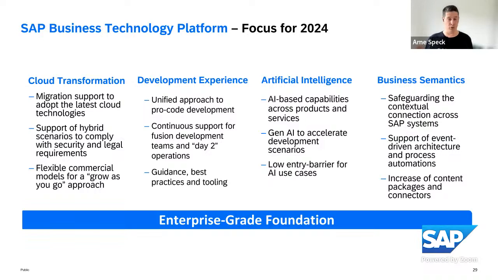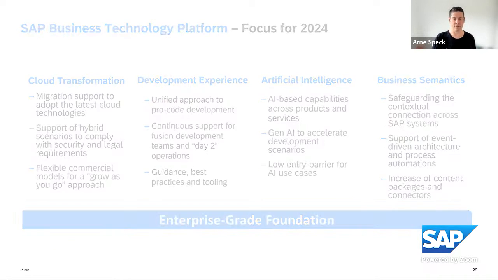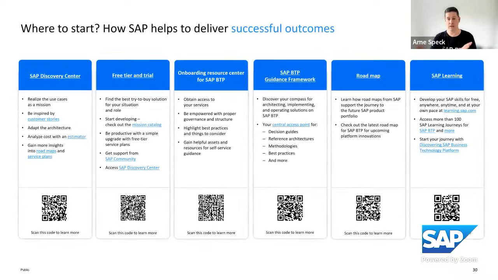Artificial intelligence, of course, you had a session on that. And again, it's also the business semantics, talking about the B in the Business Technology Platform, creating more content packages, making it easier to connect the systems and extend the processes. And with this, simply some more information.